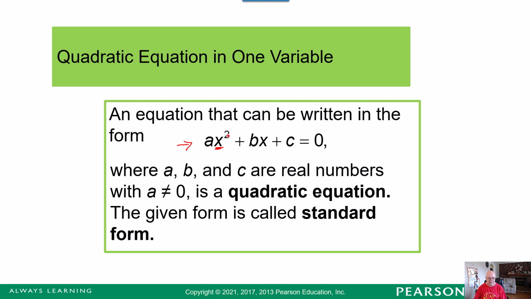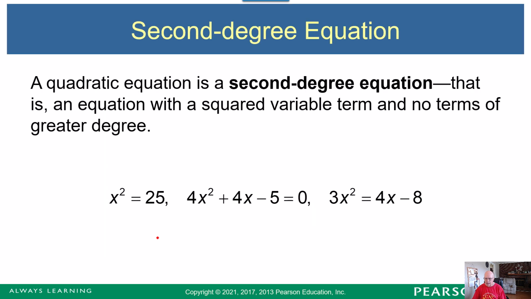This one's already in standard form, and you can see the x squared there, so we're in good shape for a quadratic. And third, this is a little bit more mixed up than the first one was. 3x squared minus 4x. Remember, we have to have the 0, so we fix that. And there's our standard form for the quadratic.